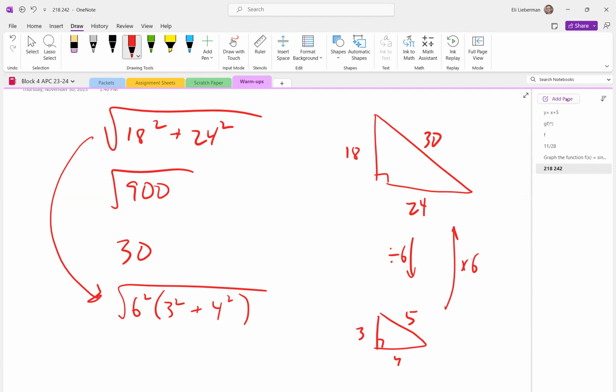Square root of 6 squared, of course, is 6. Now we just have this, which maybe is more easily recognizable as 3, 4, 5. Or at least 9 plus 16 is a little bit easier to do, but ultimately I'm looking for you to see a triangle when you see expressions like that.